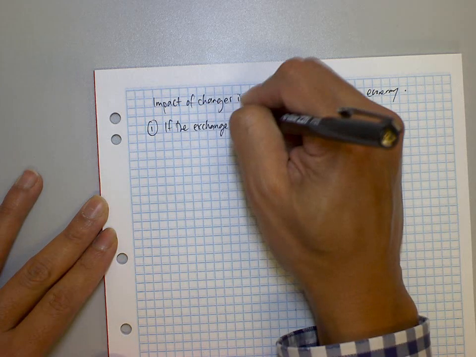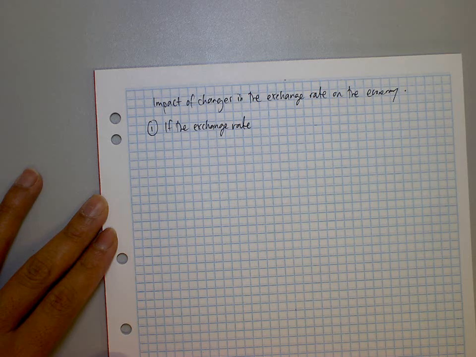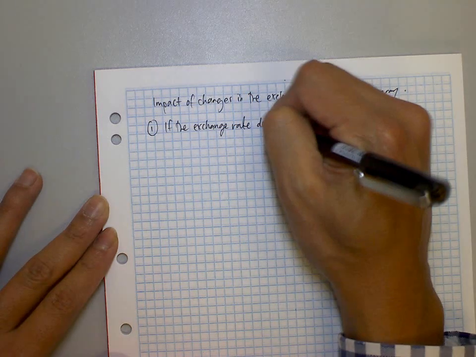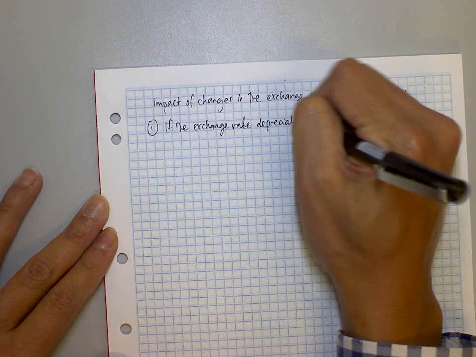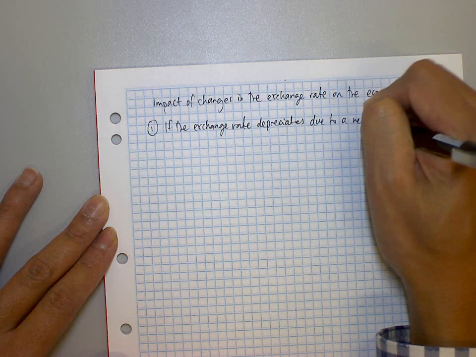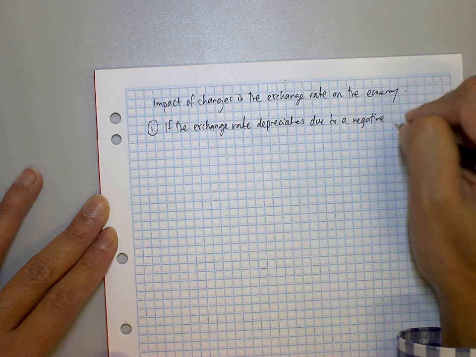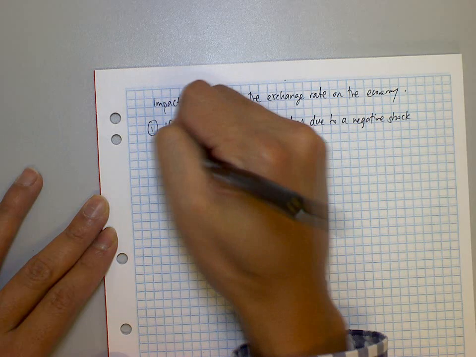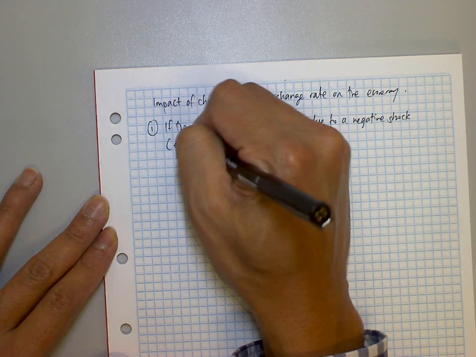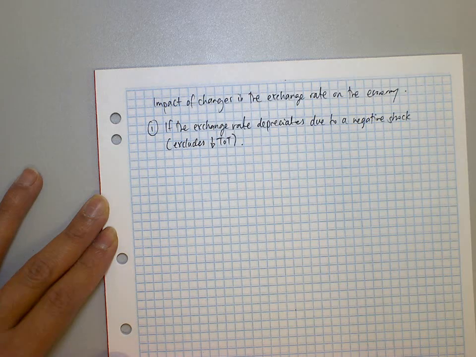I'm going to stick with the depreciation side of things because that's probably the most relevant for what we're covering in the course this year. So if the exchange rate depreciates due to a negative shock, and this excludes a lower terms of trade, okay?